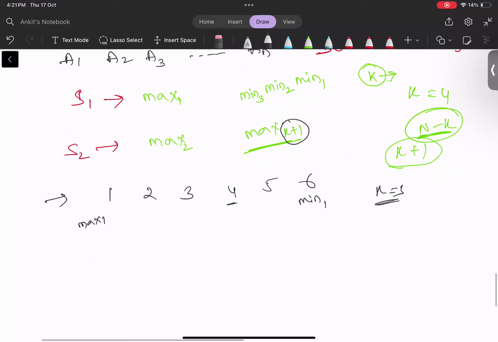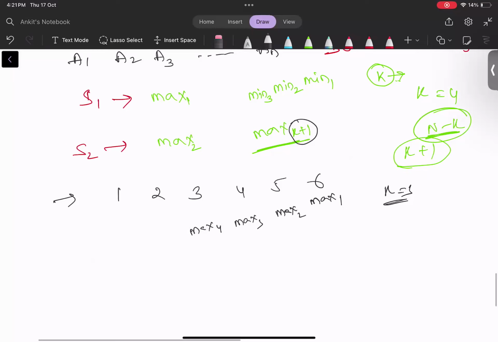If you see the fourth maximum value, that means max 2, max 3, max 4. I'm sorry, I'm writing it in the reverse direction. Max 1, max 2, max 3, max 4.